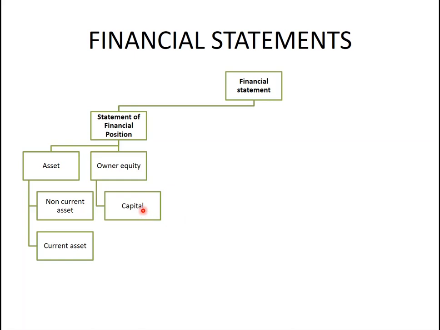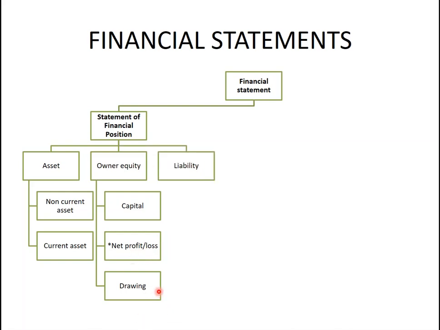We have capital, we have net profit or loss, and finally, drawing. Next is liability. First is non-current liability, under liability, and current liability. So this is all the information that we get from the statement of financial position.